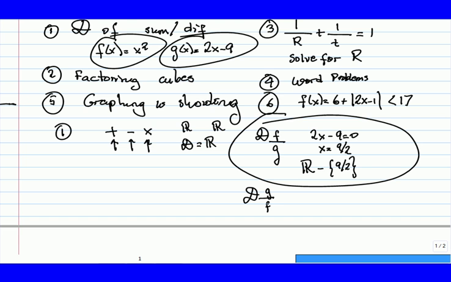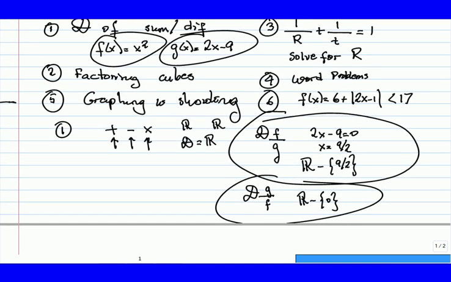So if they're asking the domain of g over f, your domain is going to be all real numbers minus 0 in this case. So you need to take out values that make the denominator 0. That's the only restriction. All right, so that's question number 1.